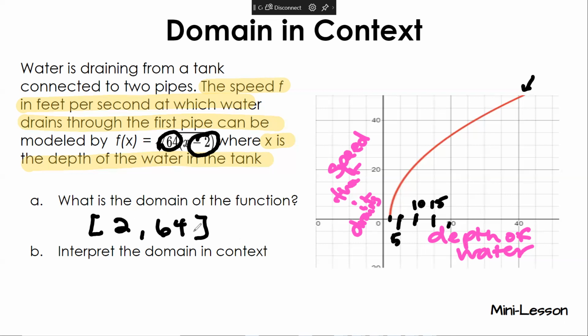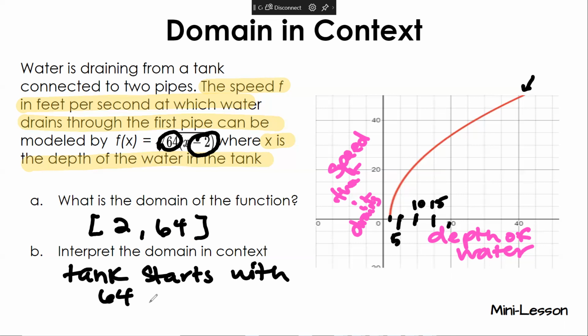So what does the domain represent again? What does the domain represent? I'm pointing to it. If you look at the board, I'm pointing to it. What does it mean? It is the depth of water. So it starts with, the tank starts with 64.